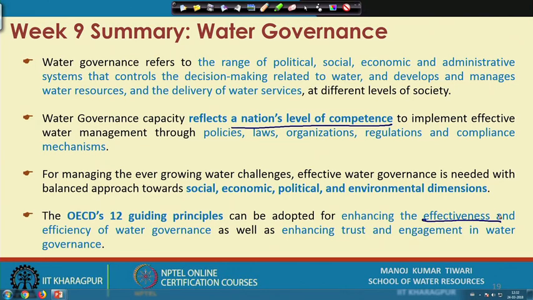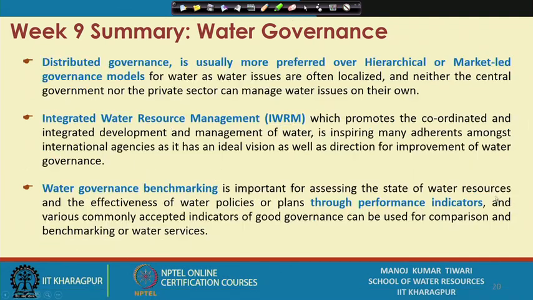There are 4 principles targeting enhancing the effectiveness of governance, 4 enhancing the efficiency of water governance, and 4 which target enhancing trust and engagement in water governance. Those are the 12 OECD principles which were discussed in detail back in week 9.